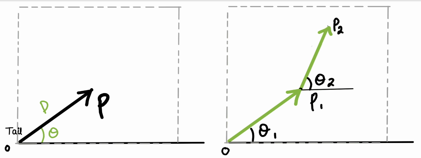From the head of the first vector, the tail of the second vector is attached, and the closing side is the resultant. Let's see whether this resultant, drawn by the triangular law, expresses the combined effect of these two vectors.